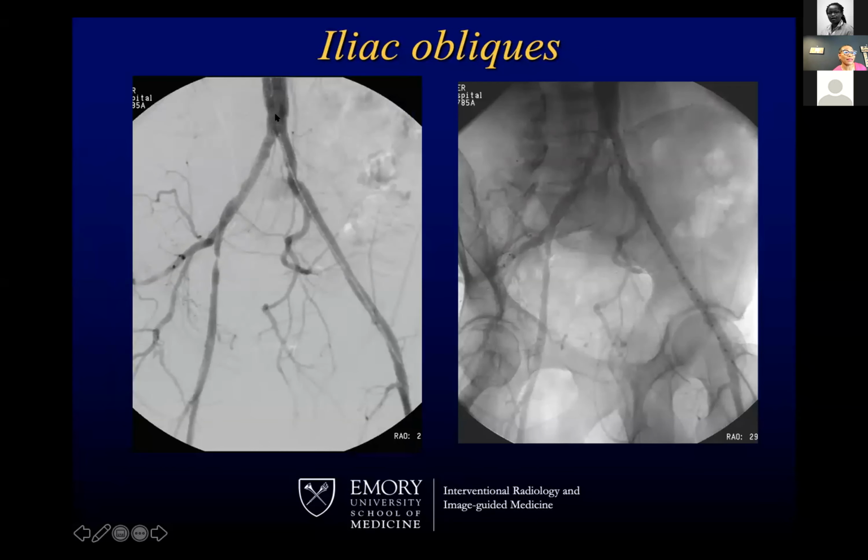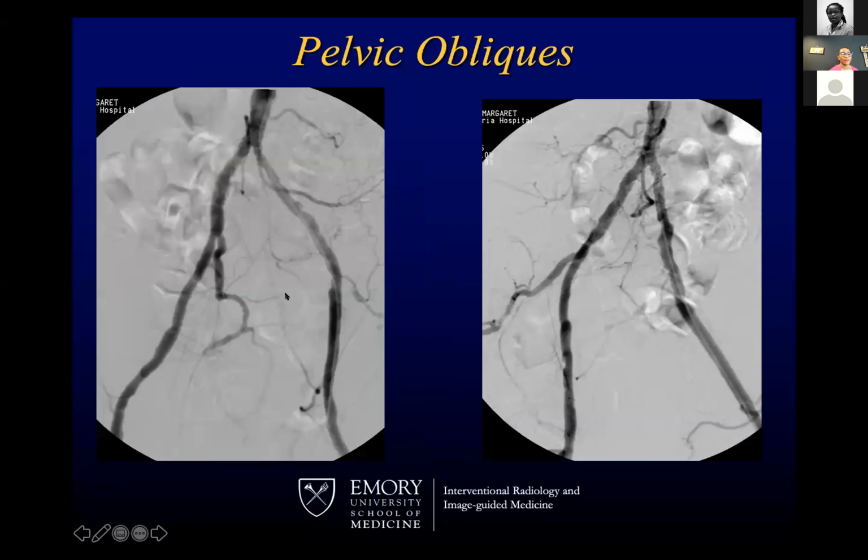Now, if you look at the other oblique here on the same patient, here is the internal and external iliac artery, right? On the ipsilateral side, and then the contralateral side, it opens up the superficial femoral artery and the profunda femoris artery. Here is that stenosis again in the external iliac artery, okay?